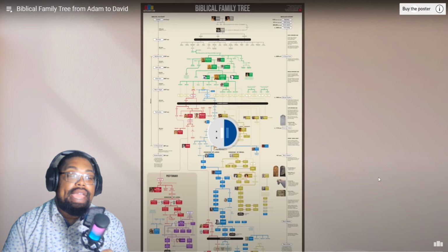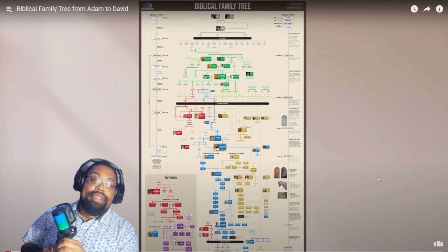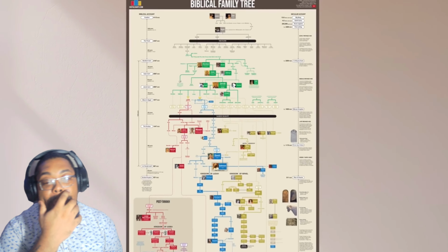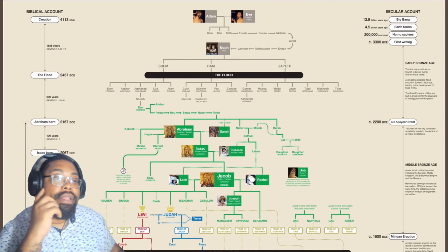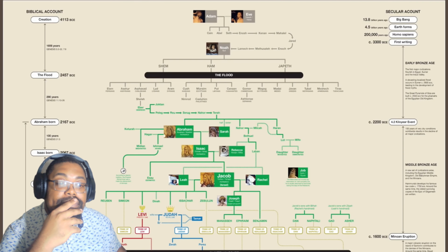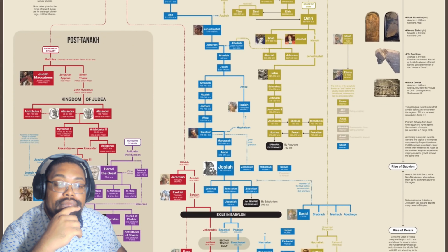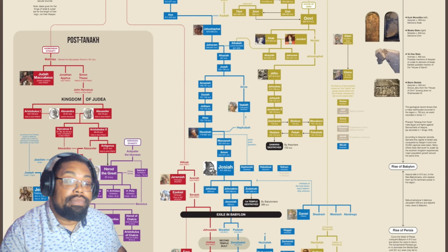Keep in mind that the sections we'll be looking at today, which are the ones at the top of the chart, are considered by most historians to fall into the category of myth and legend, whereas the sections at the bottom of the chart, which I've already covered in separate videos, are considered to be primarily historical.